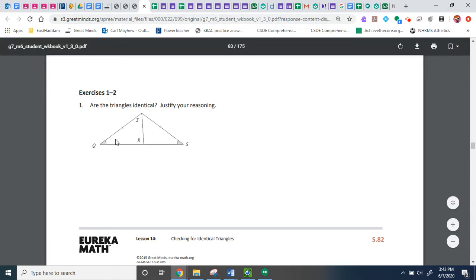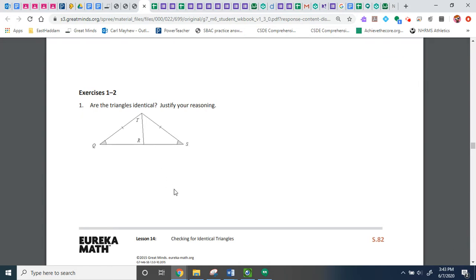Look at these two triangles here. We have triangle QRT and triangle RST. Do they share anything? Hopefully you're saying that they share this side right here, TR. And so now we have an angle followed by a side followed by a side.